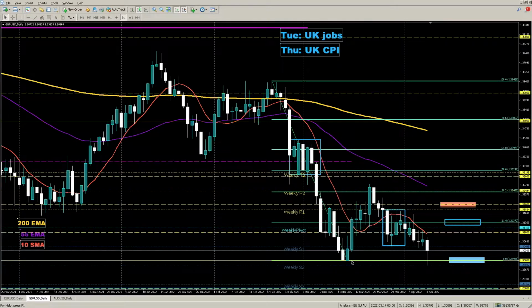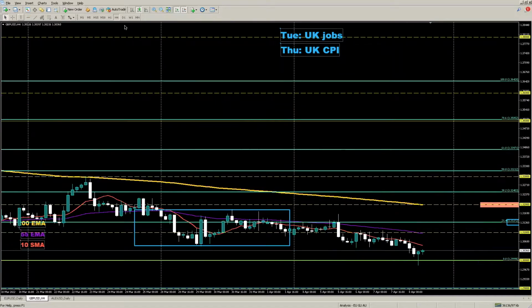This is at the 129.83 level, and this swing low was at 129.82. So right there, the spike through just to hit the weekly S2 before bouncing back up.